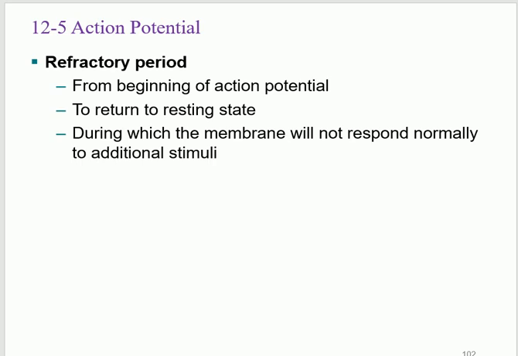Reverse it. Sodium potassium ATPase. Remember this name. And what's the ratio that you're returning it back to the original position? 2 to 3. Which one is 2? Which one is 3? Potassium is 2 and sodium is 3.